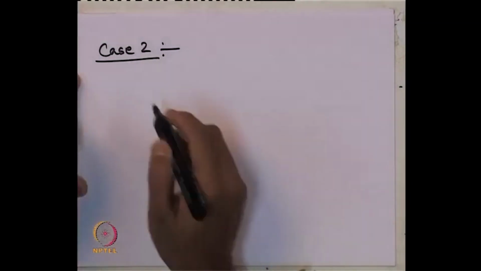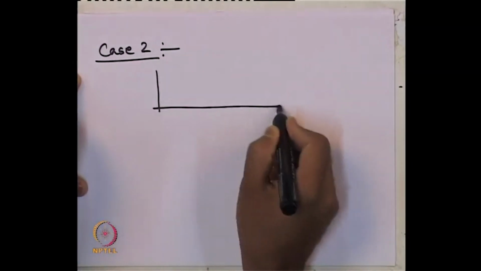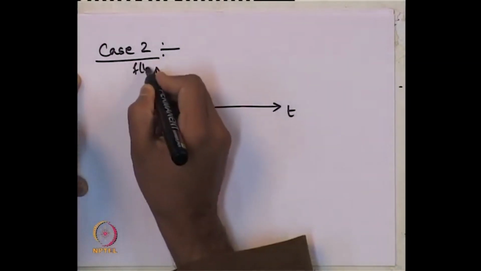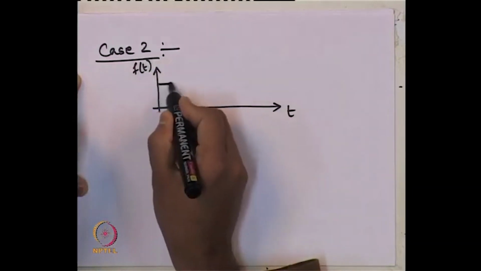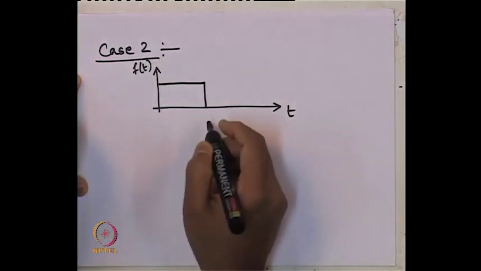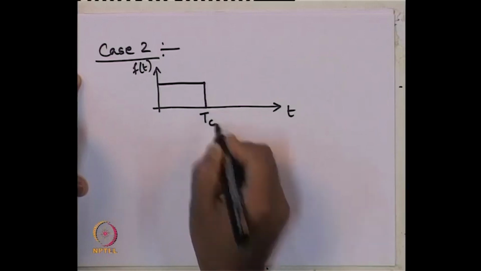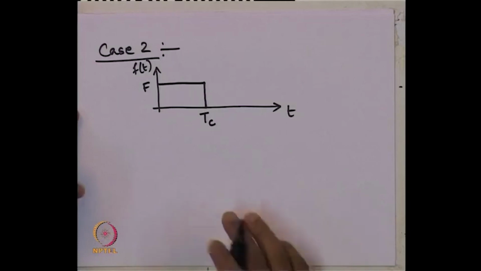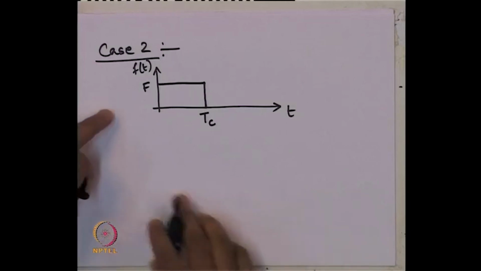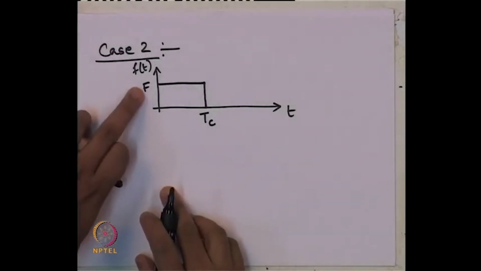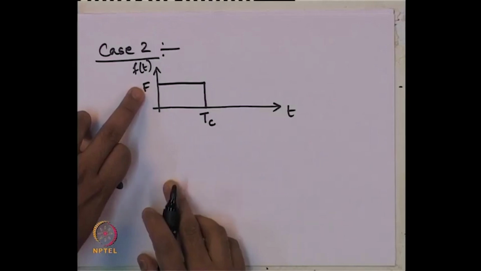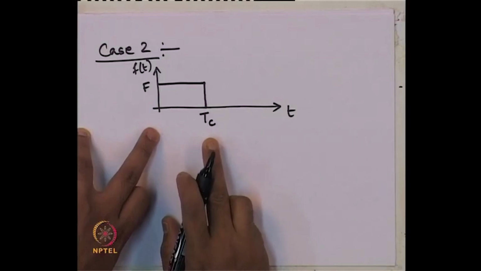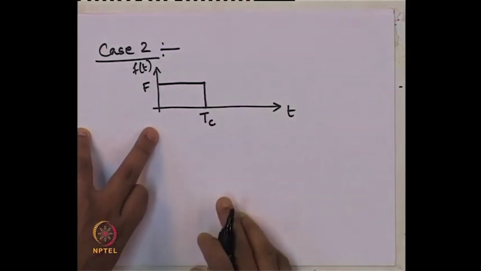But in this case, the variation of our f of t is something like this, up to say T c it is occurring, which is quite possible, that a load of constant magnitude f is acting for a finite time T c on the system, and after that the load is removed.